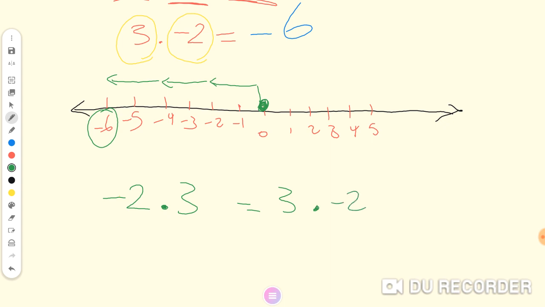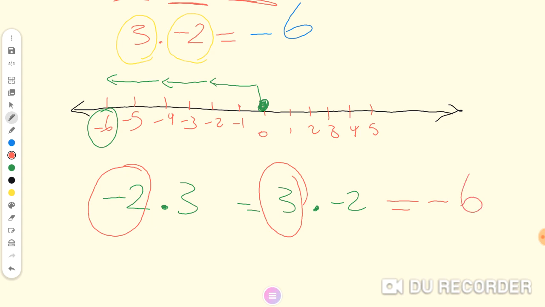Yes or no? Yes, because multiplication is commutative. We can change the order of the numbers. 2 times 3 is the same as 3 times 2. Negative 2 times 3 is the same as 3 times negative 2. So it has no meaning if I start with negative or start with positive. It gives the same answer, which is negative 6.